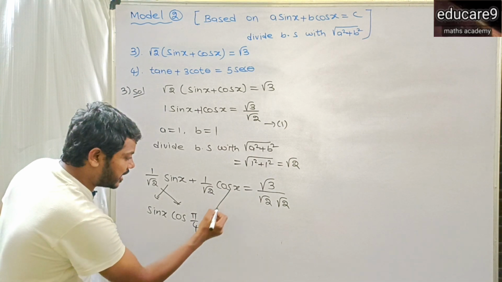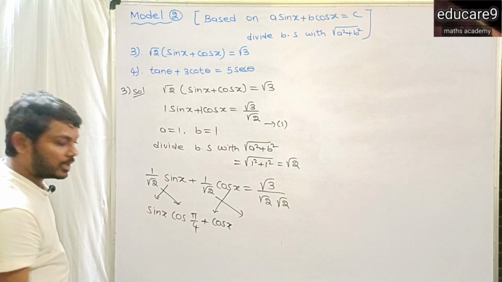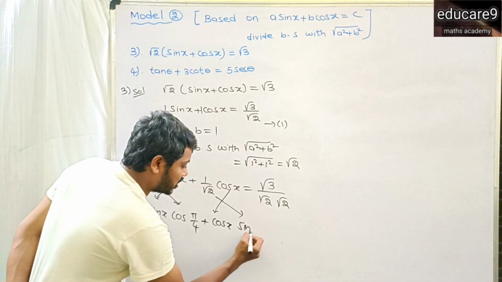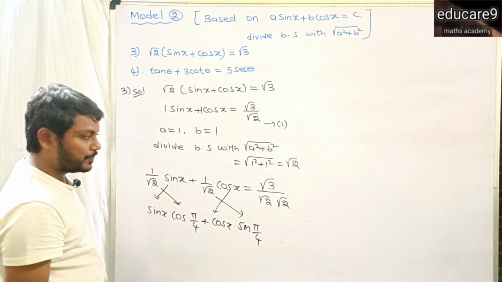And next write cos x. Again this 1 by root 2, write in terms of sin. We know that sin 45 is 1 by root 2.